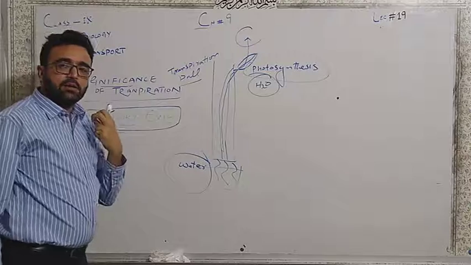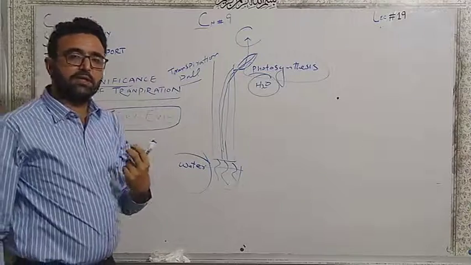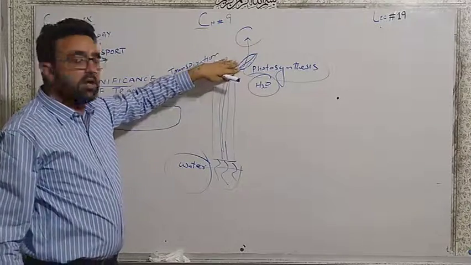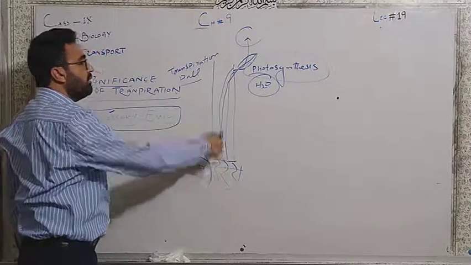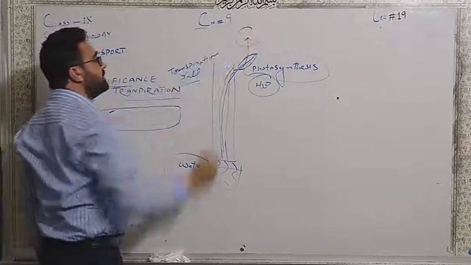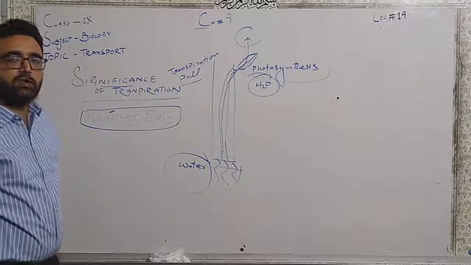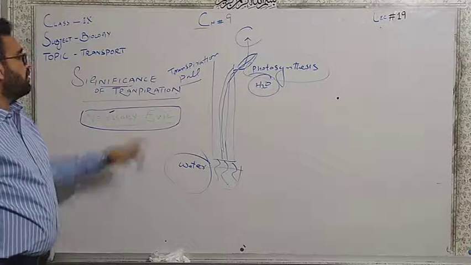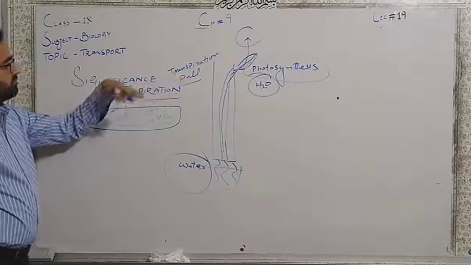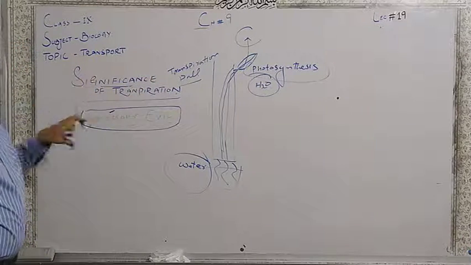They can't take it. So they must take water from the soil, and for that they need transpiration pull. So this is very, very important.